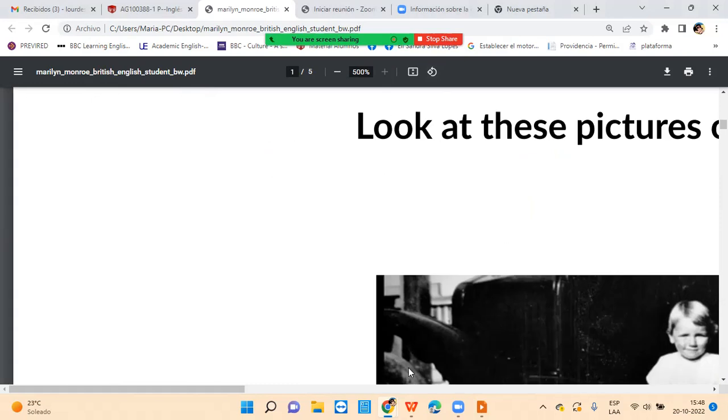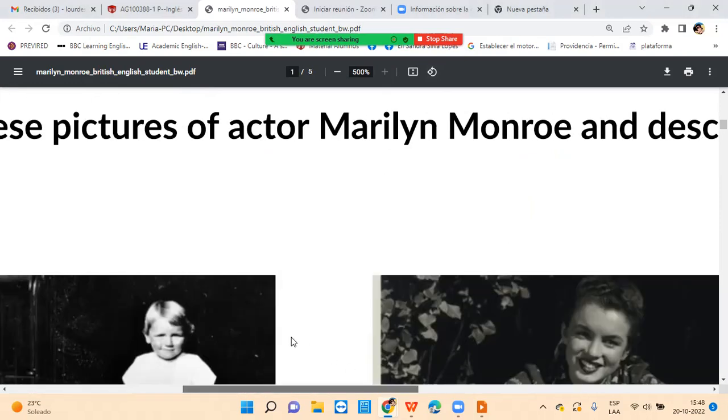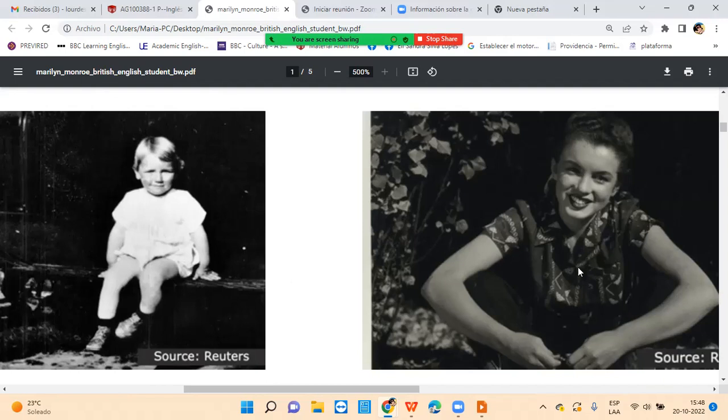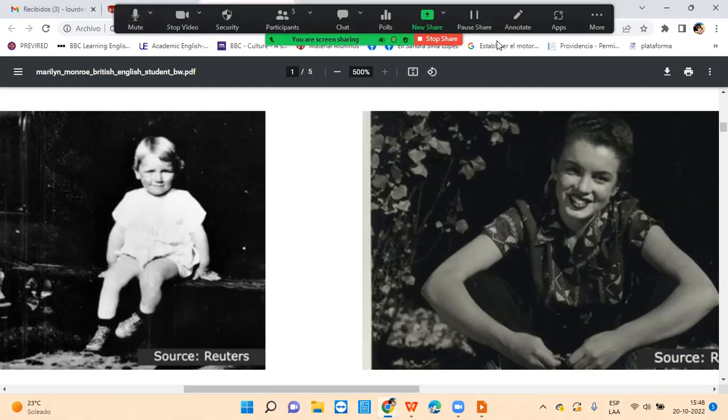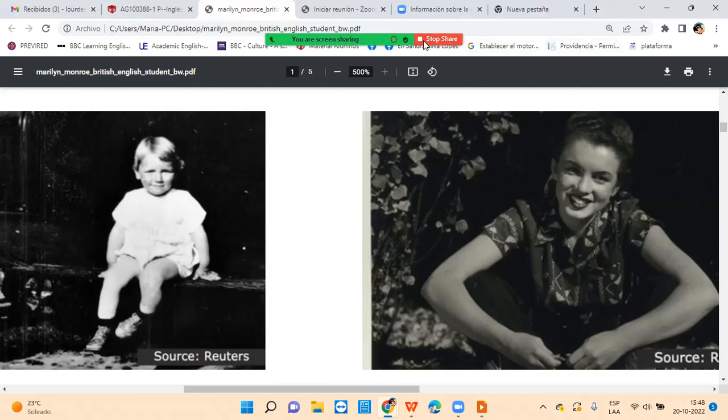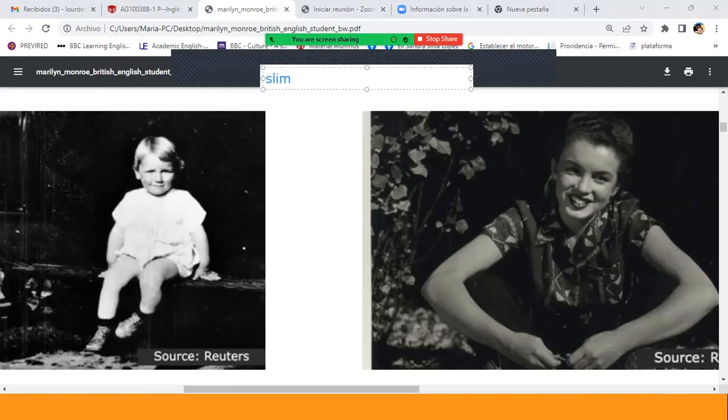In picture 2 she was very skinny. Skinny means flaca. Very slim. Okay. In the second picture, she was very slim.